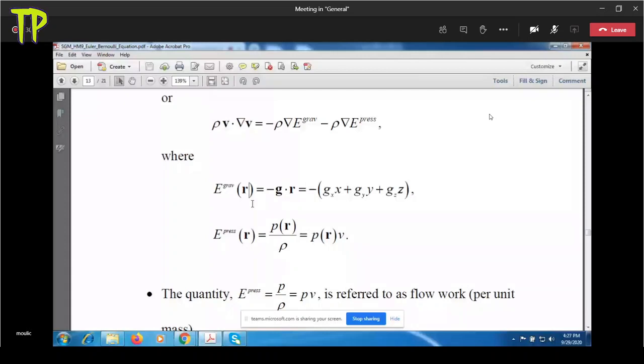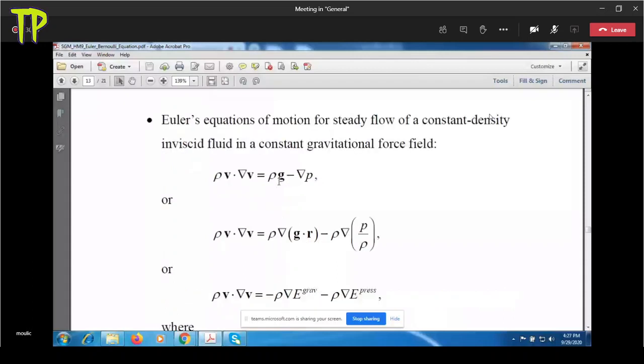If you look at, say, flow of a plasma, or it could be a liquid also, which is electrically conducting, and suppose you have an electric current flowing through it, then on the right hand side of this equation, you will have an additional term which will be J cross B. J is the current density, and B is the magnetic field density.